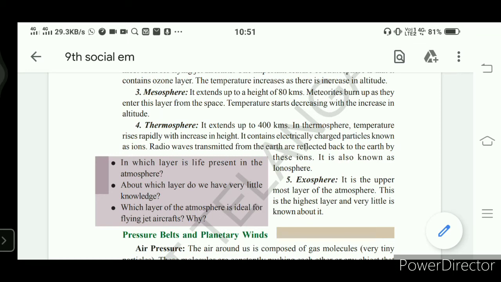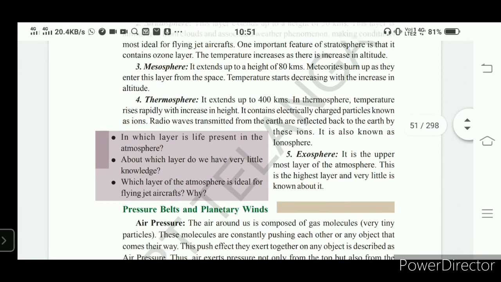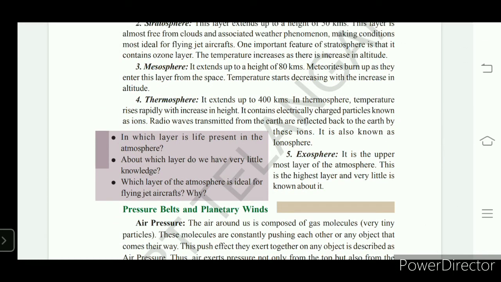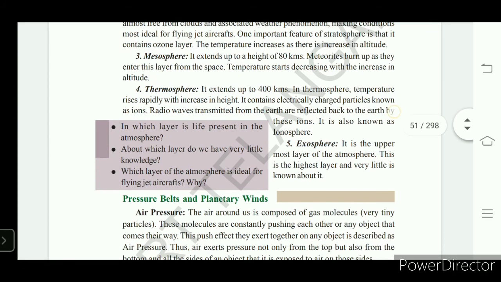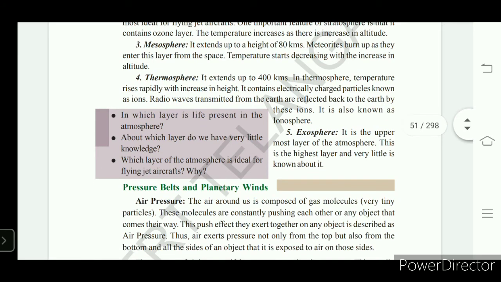Those are called ions, and these ions help in transmitting radio waves which are transmitted from the earth and reflected back to the earth in another place using these ions, right? When we send signals to the satellite from the earth's surface, those signals move to the satellite using the ions which are electrically charged in the thermosphere.